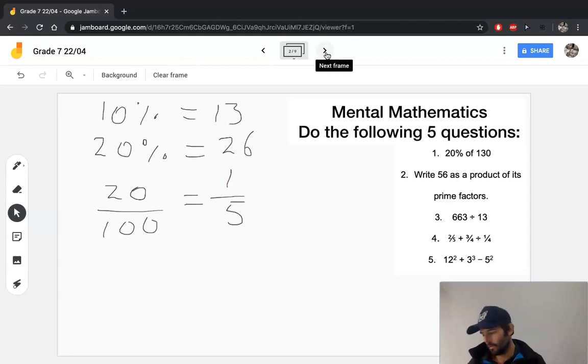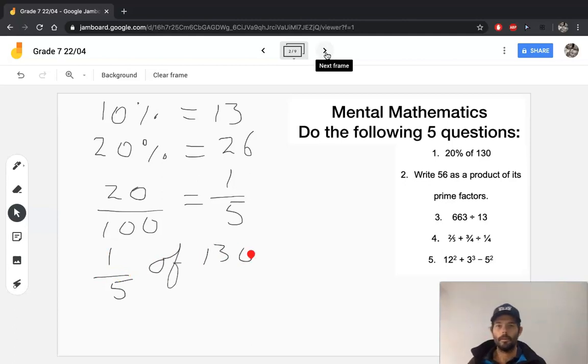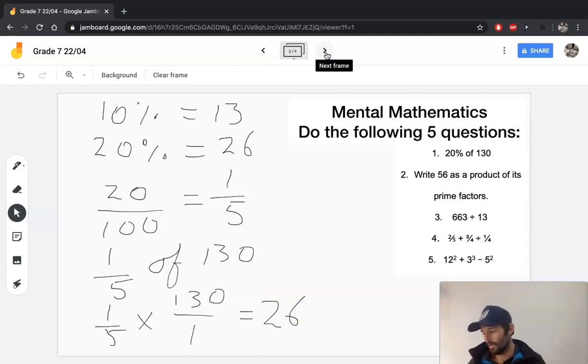So therefore 1/5 of 130, and that's 1/5 multiplied by 130 over 1. Then you need to work out 130 divided by 5, and if you work that out, you'll get 26. So those are your 2 options for question number 1.